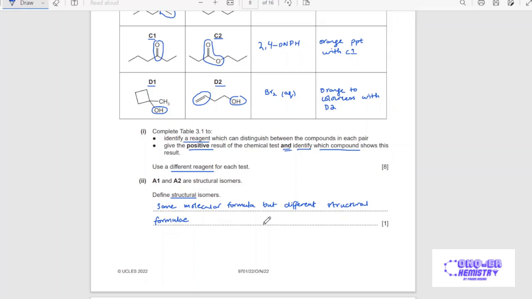All right. Now this is the definition that is usually given in the mark scheme, right? You could write that structural isomers are compounds with the same molecular formula but different structural formulae, right? But even if you omit these words compounds with, you should get the 1 mark for this definition.